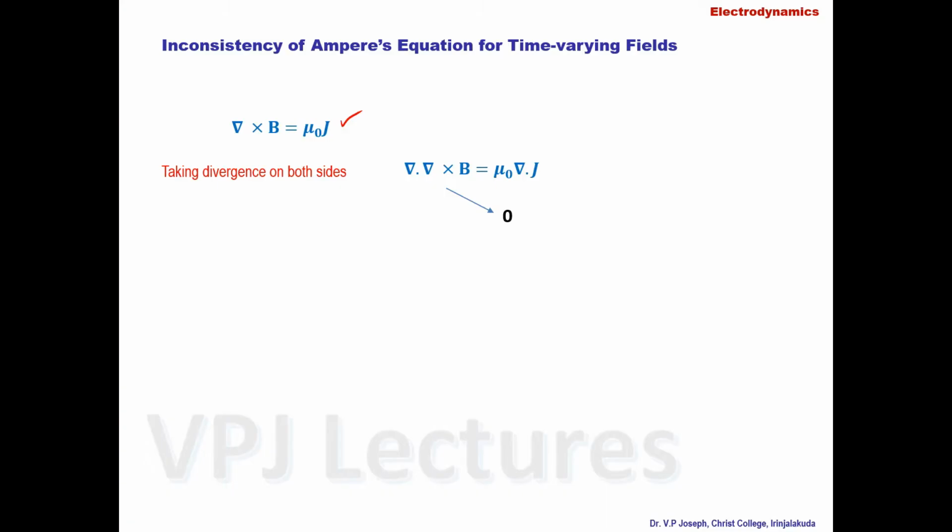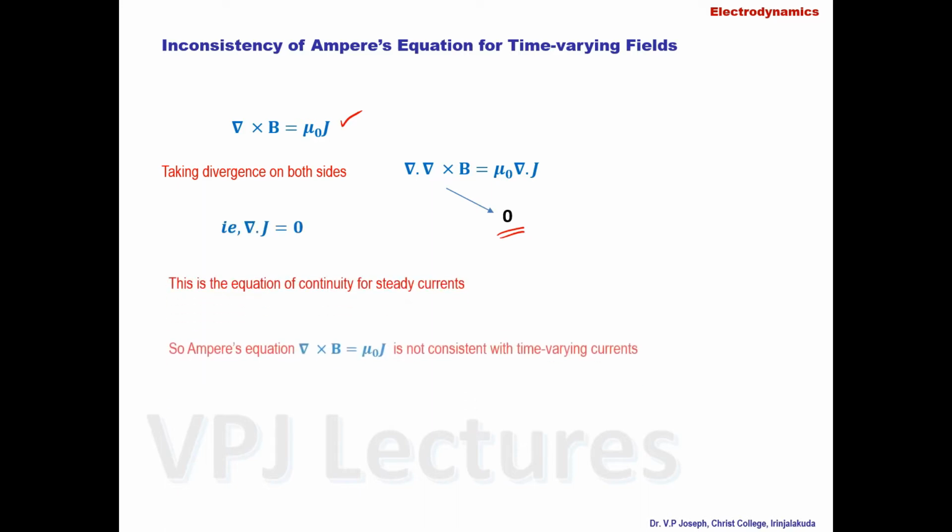Now, taking the divergence of this equation, del dot del cross B is equal to mu 0 del dot J. We know that the left hand side is equal to 0 because del dot del cross B is equal to 0. So this equation changes to del dot J is equal to 0.